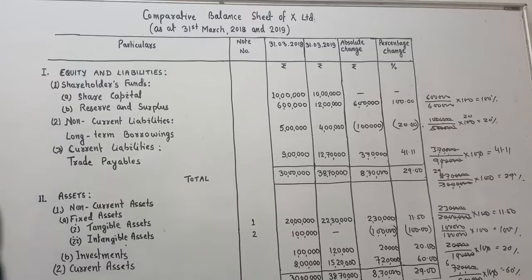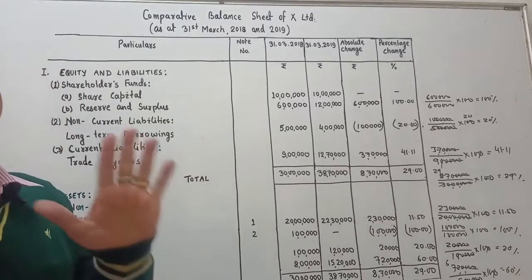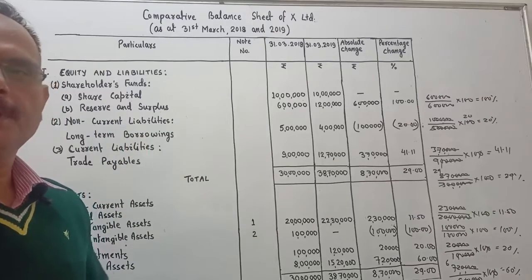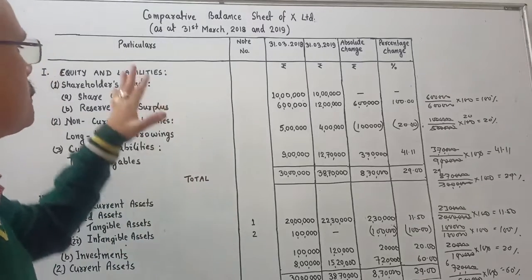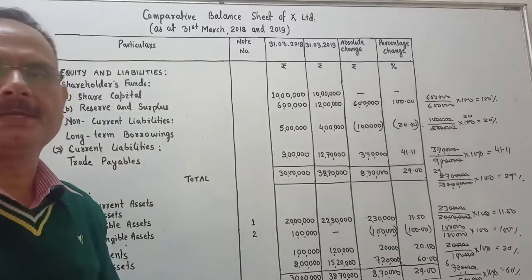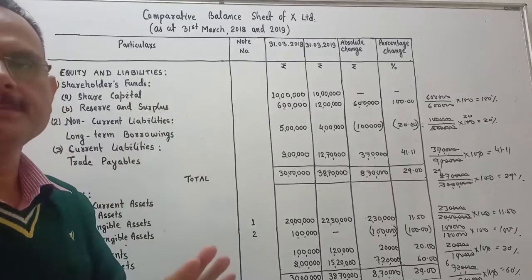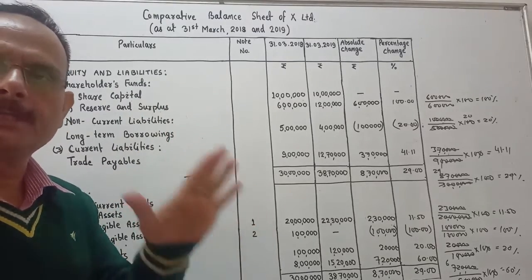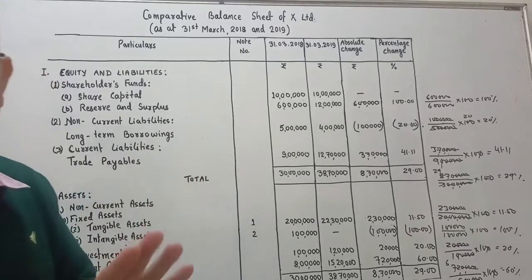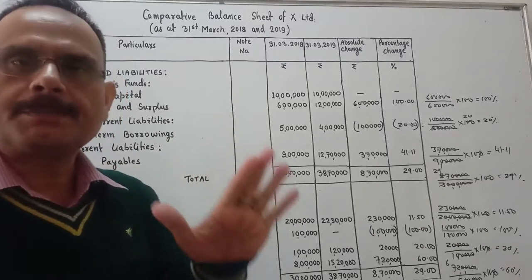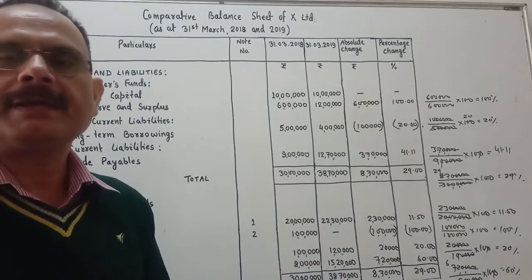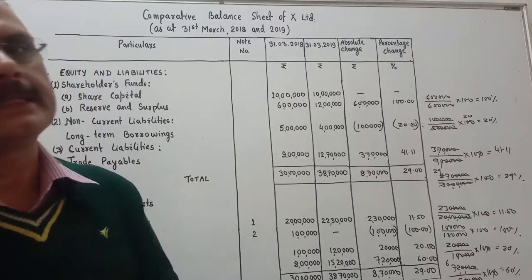So this is very simple to prepare a comparative balance sheet. The main thing is that you arrange the items as per Schedule 3 Part 1 of the balance sheet, in the prescribed format given in the Companies Act 2013.